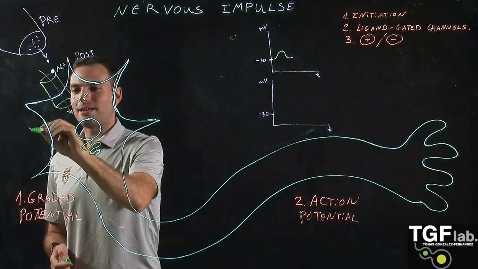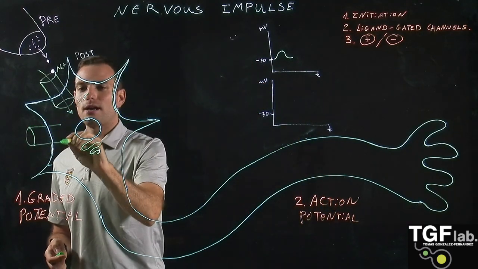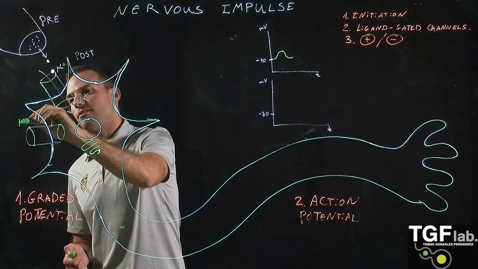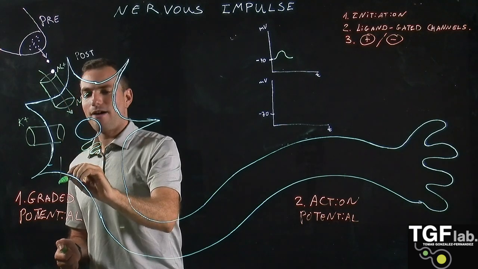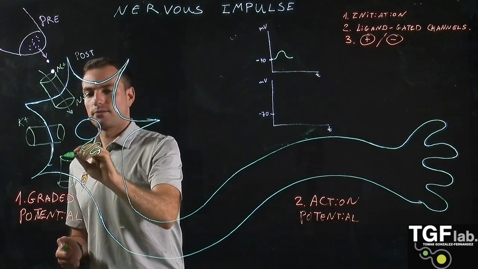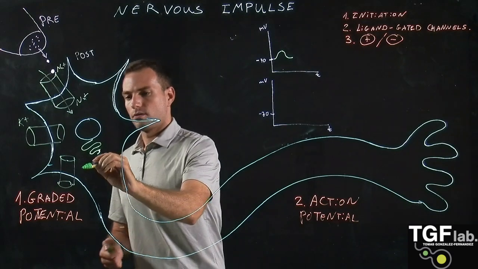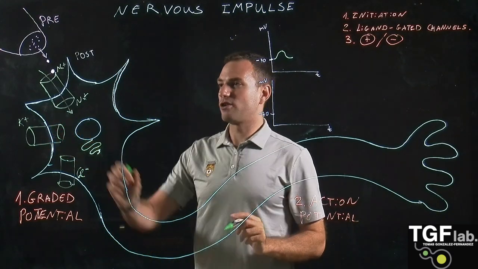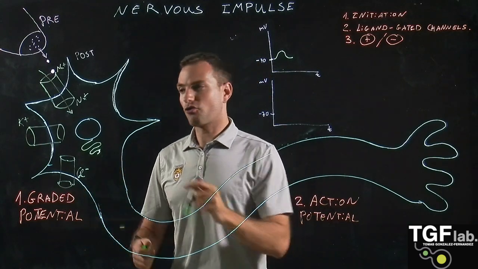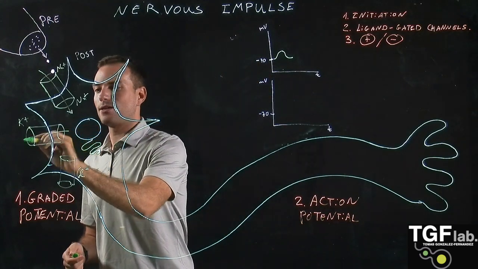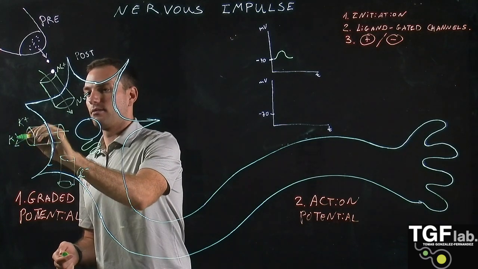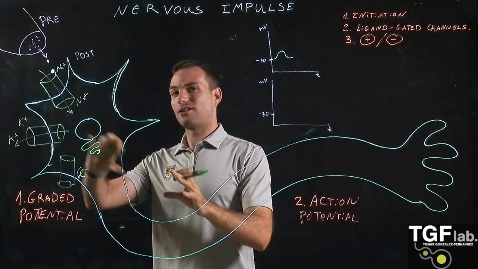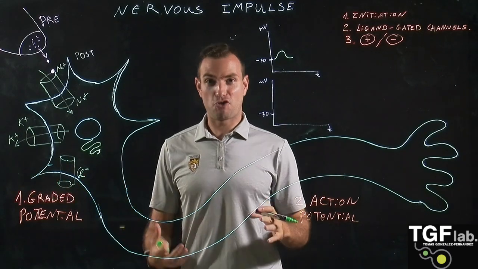But we can also activate different channels. If you remember, the neuron had not only sodium channels, but also potassium channels and chloride channels. The potassium channels are going to follow the concentration gradient and pump positive charges from the cell to the extracellular space, and they are going to make the cell more negative.